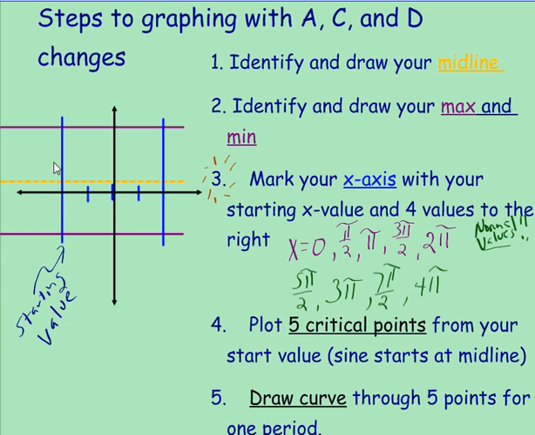And that, again, is our C value. And then we would go 4 places after that. So 1, 2, 3, and then 4.